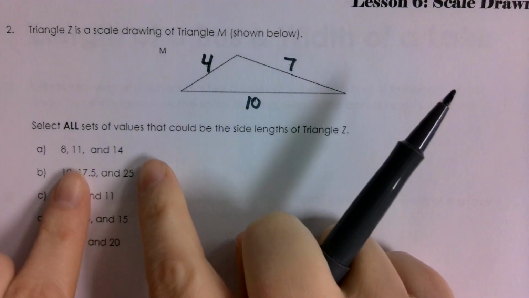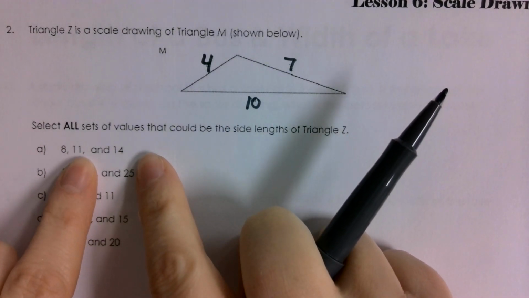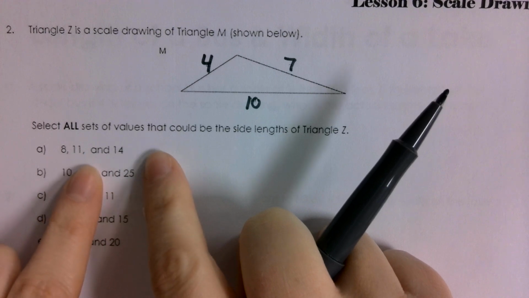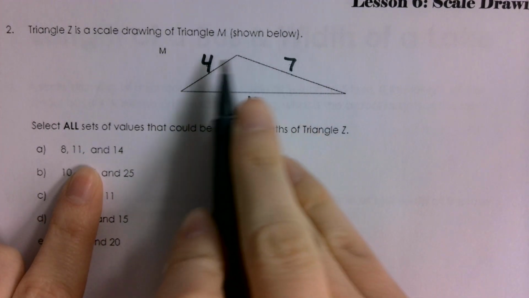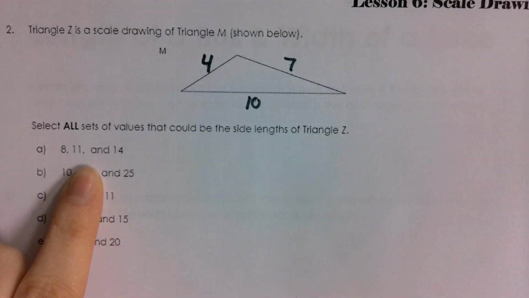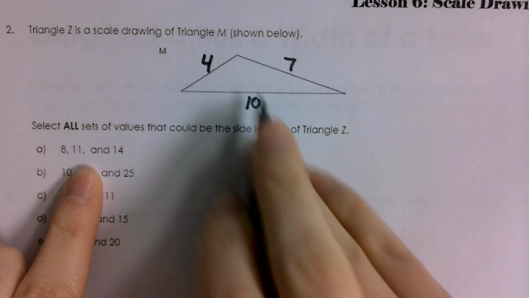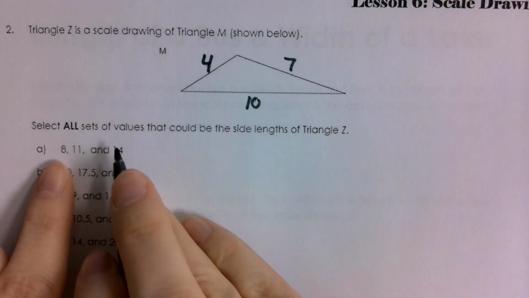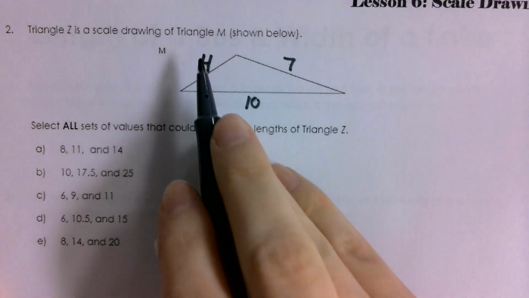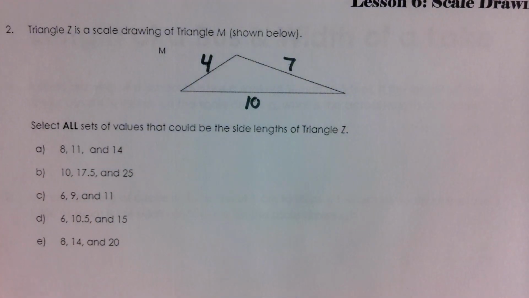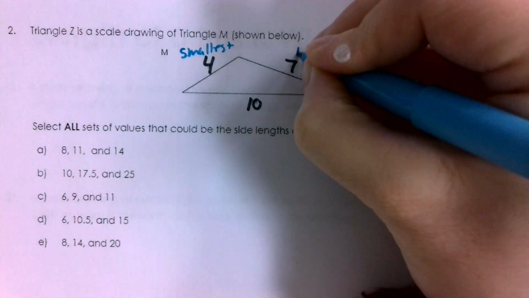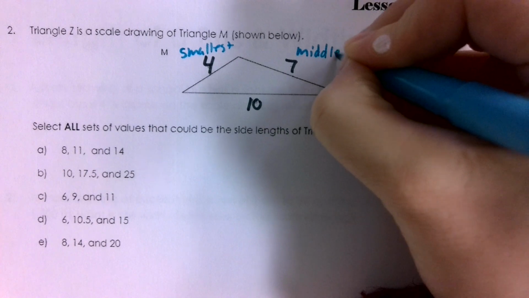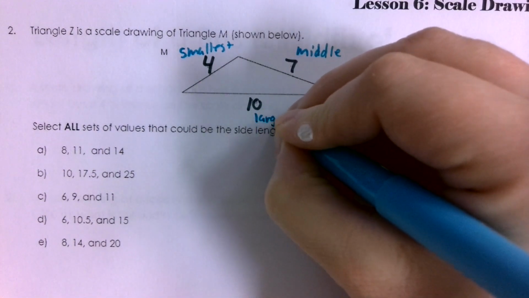I'm going to do the first one with you guys. We're going to pick 2 sides, and comparatively, we're going to use the same 2 sides here. Now notice, this is the smallest, this is the middle, and this is the largest.